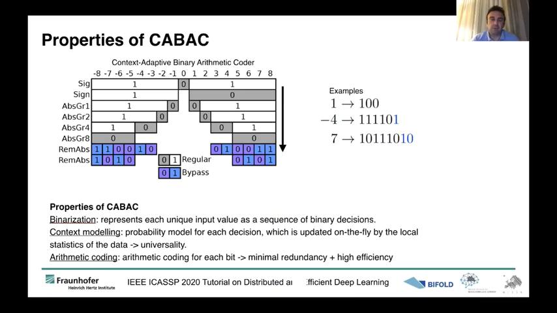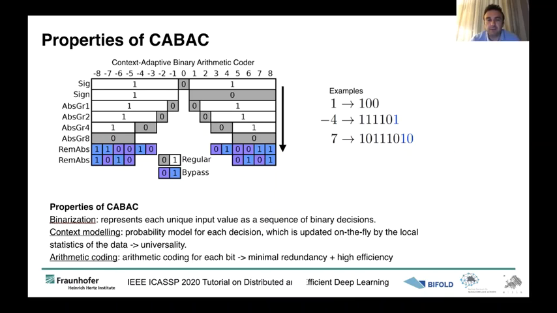Then you check the sign flag. Everything which is positive gets a bit 0, and everything which is negative gets a bit 1. The number 1 is positive, therefore it gets a bit 0.